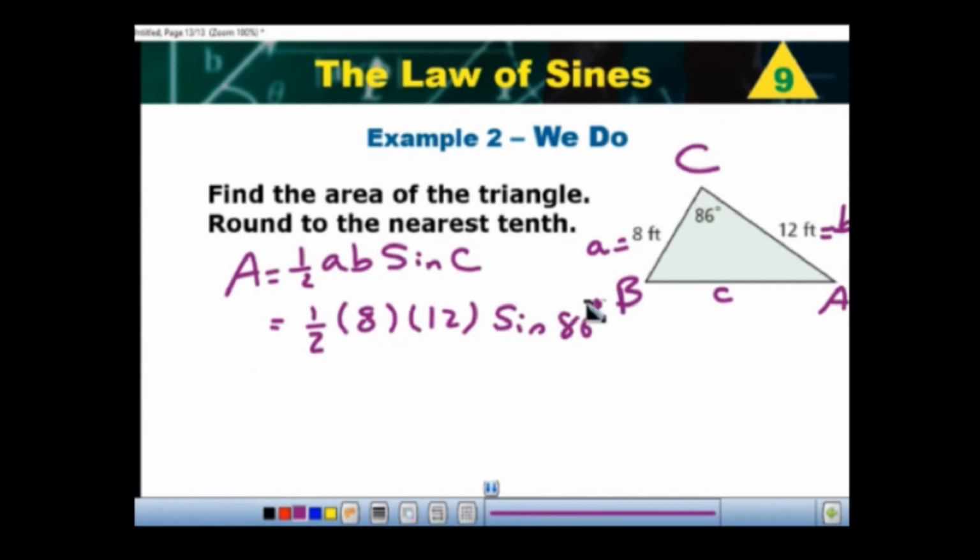And I would definitely simplify first. So the 8 and the 4, that's going to give you a 4. 4 times 12 is 48. So that's what I would do. So I would put 48 times sine 86 degrees.